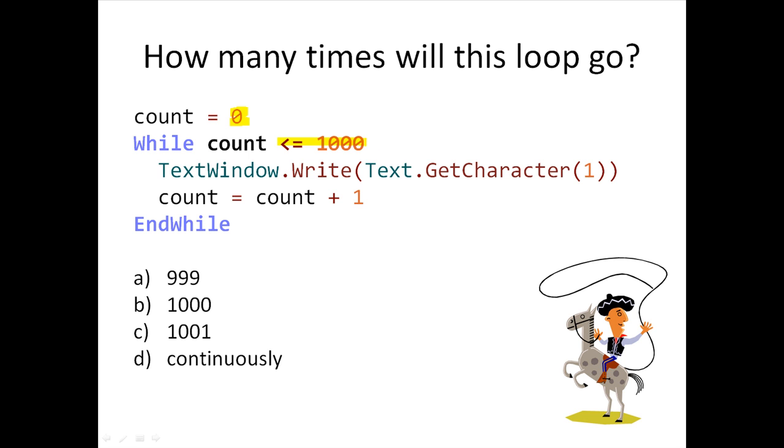We're going up to and including 1,000. We knew from 1 to 1,000 is 1,000 repetitions, but we're going from 0 to 1,000, so we get one more in there. Quick glance, make sure we have our increment. So it's basically C, 1,001 repetitions.